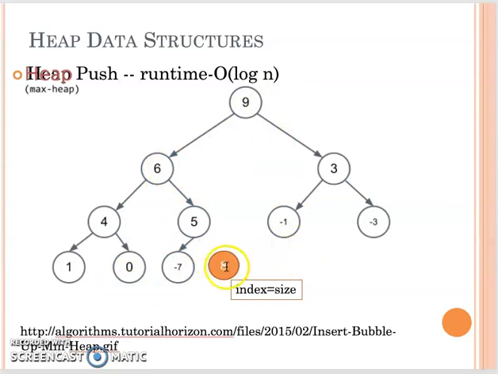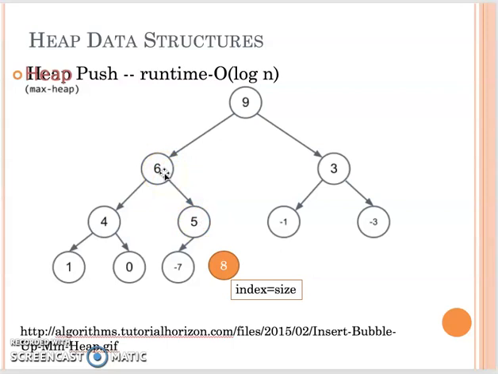The heap structure means that after I add this value, I need to continue going up to see if my parent value is smaller than me. If so, I need to swap. So here 8 will swap with 5. After you swap, you need to continue to check.